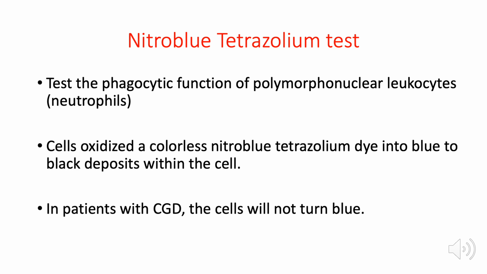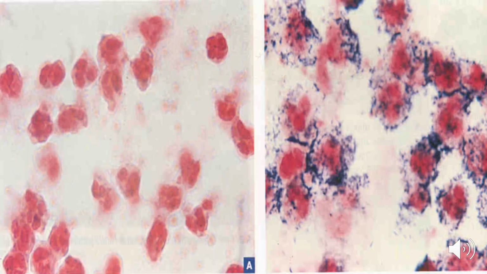But if the neutrophils have missing subunits of the NADPH complex, then they cannot generate hydrogen peroxide, and the dye is not oxidized, and it will remain colorless. Take a look at the neutrophils on the right side of the screen.